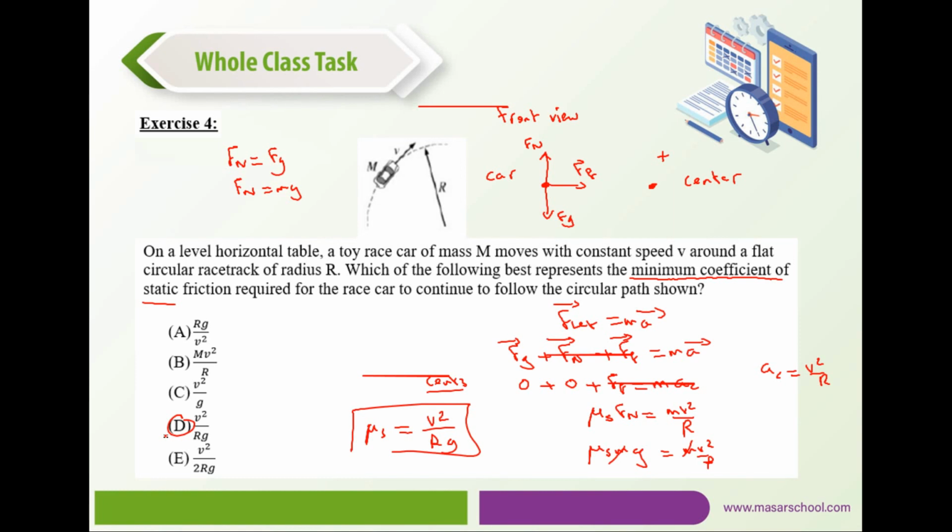And here let me point out something very crucial. The same problem we have solved earlier in the video, but we didn't say minimum coefficient of static friction, we said maximum speed.